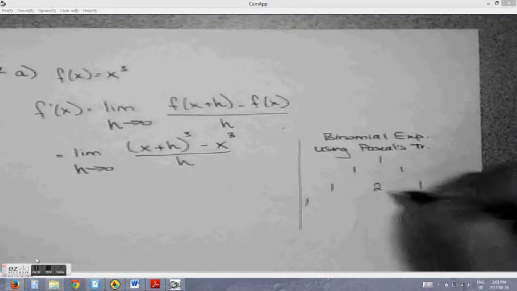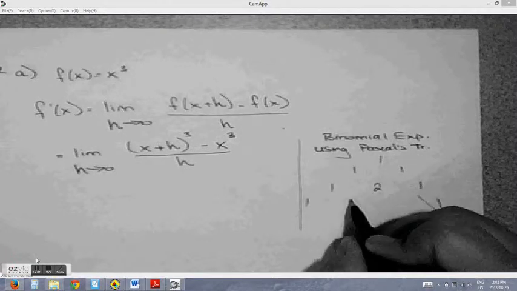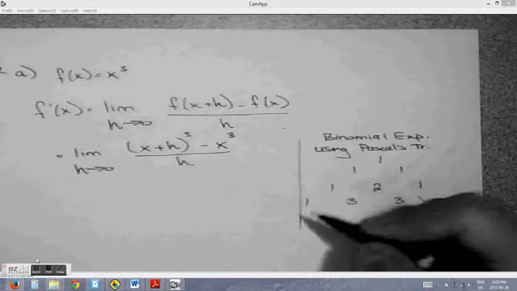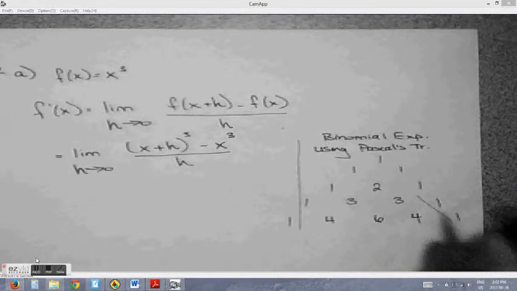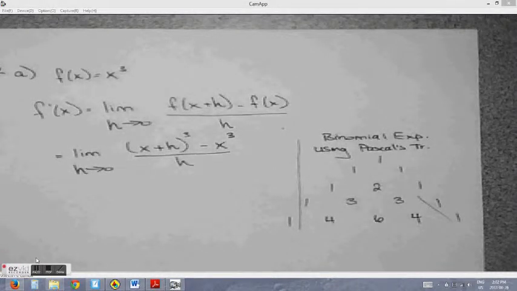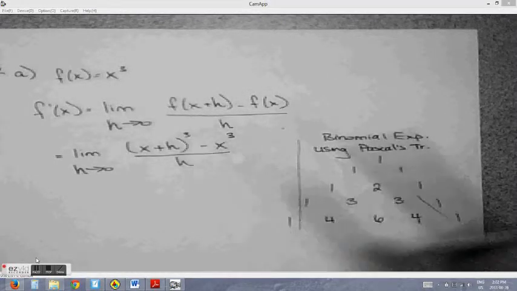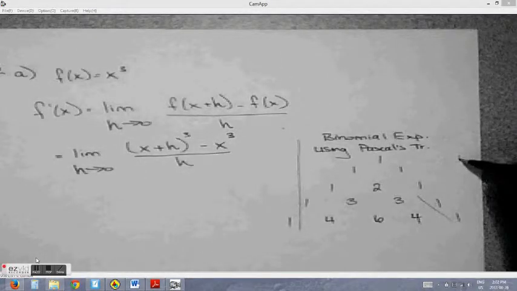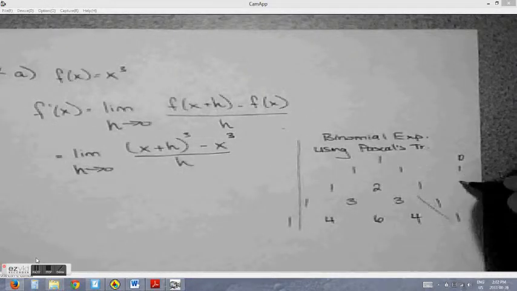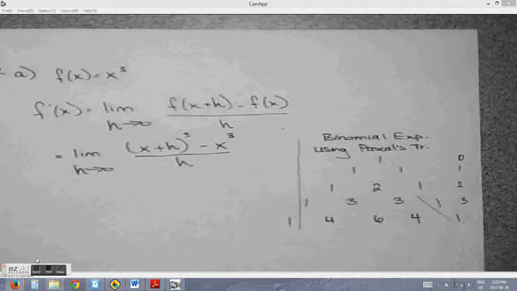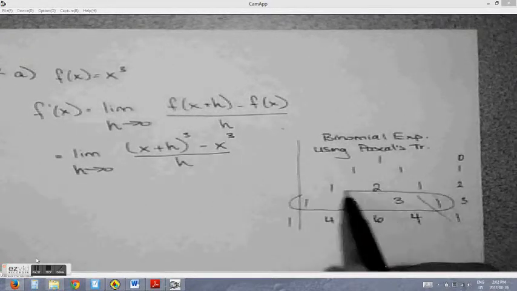So that would be 2, and 2 plus 1 is 3, and 3. I've just gone up to 3, but you can keep going: 4, 6, 4, and then 1. Each row represents the exponent, so 0, 1, 2, and then 3. We only need 3, so we're going to use that row right there.